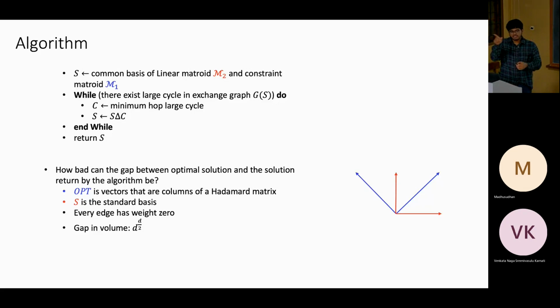So in the exchange graph, all these weights, log new volume by old volume, are zeros, so you won't detect any cycle at all, and the gap between the volumes is d to the d by 2. So the algorithm won't see any large cycle until this gap, but slowly, as a constant C in d to the CD, when C is around 5, then we can really say, oh, we are really bad, we can improve. So in that sense, it's kind of tight.